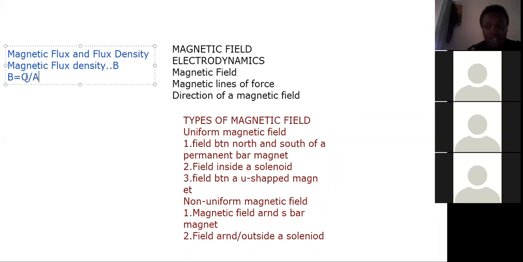When we say magnetic flux, we're talking about the magnetic lines. The lines in the area become the density. Before we can get the density, you are supposed to get a certain cross-sectional area. Then we consider the number of lines drawn or represented in that area, and that constitutes the magnetic flux density. I hope you are getting it.